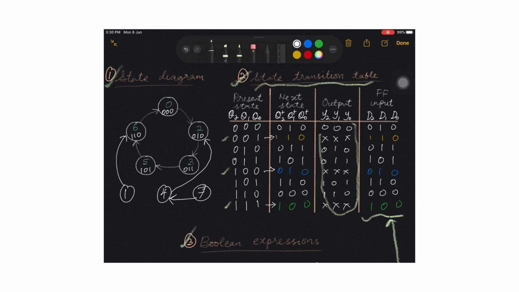So we can already conclude that this particular counter is a self-starting counter because it has the ability to enter the correct sequence even though it starts at one of the unused states.